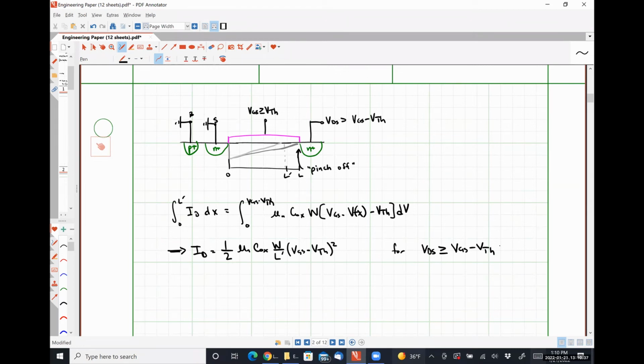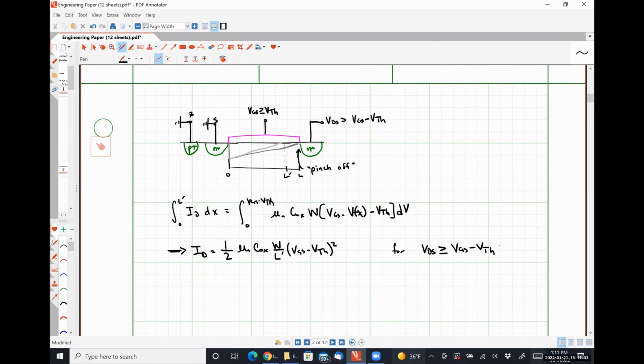So our drain source voltage is larger than our overdrive voltage. Our charge density profile becomes pinched off, and we see that our current is no longer dependent on the quantity VDS. It's constant for VDS. Okay?